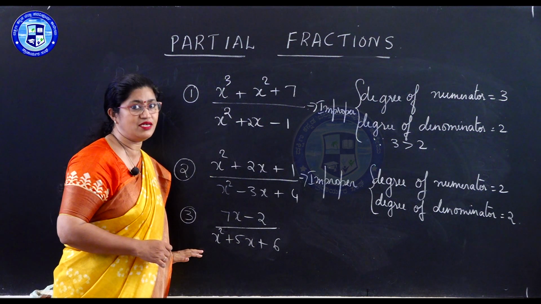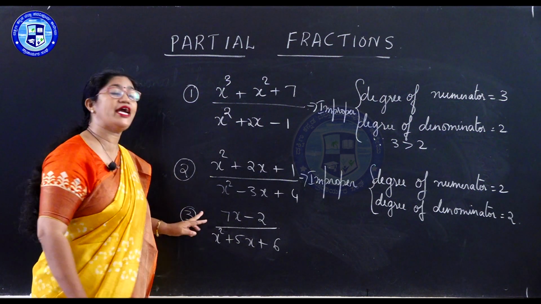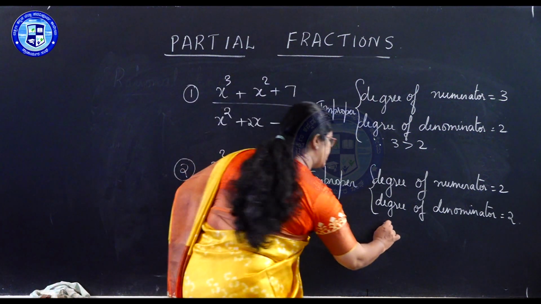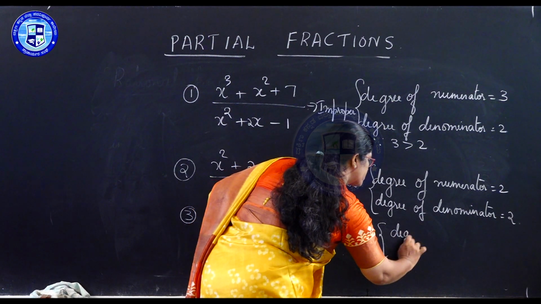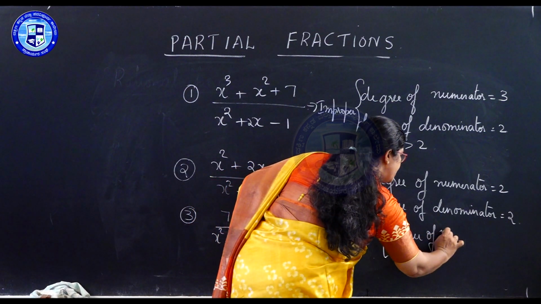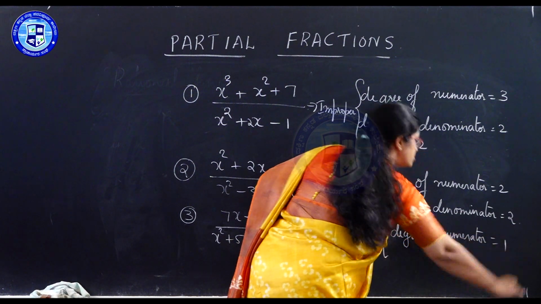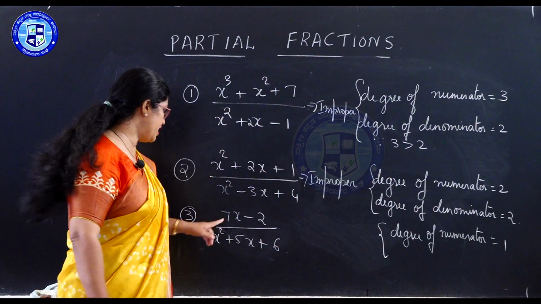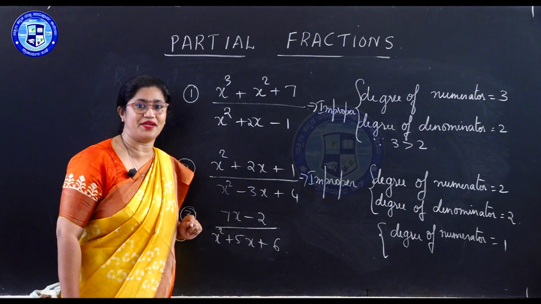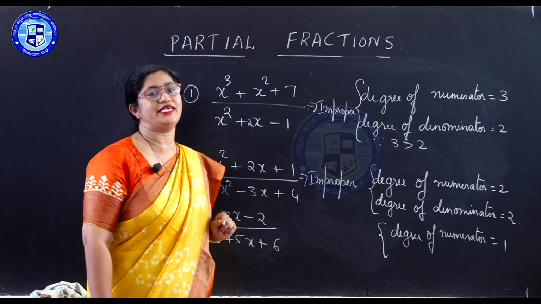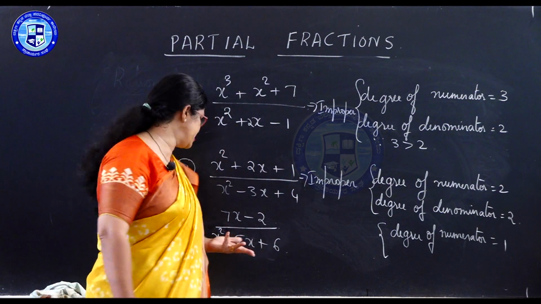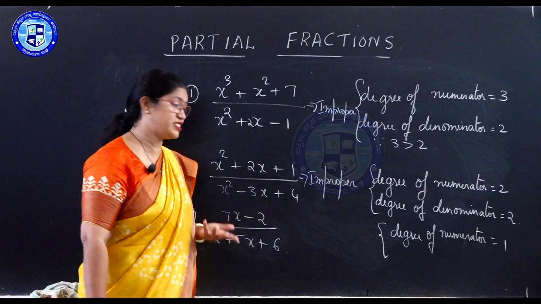Now we will come to the next example. Look at the degree of the numerator. Here the degree of the numerator is 1, the highest power of x is 1. In the denominator, the highest power of x is 2.